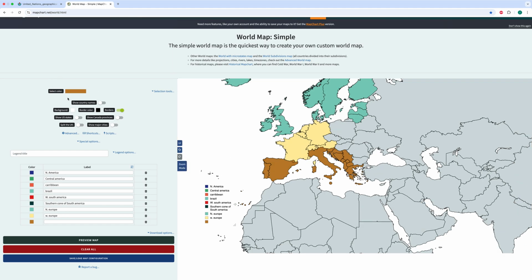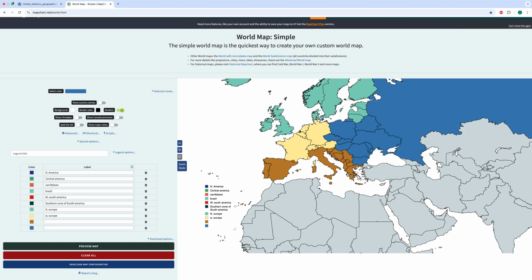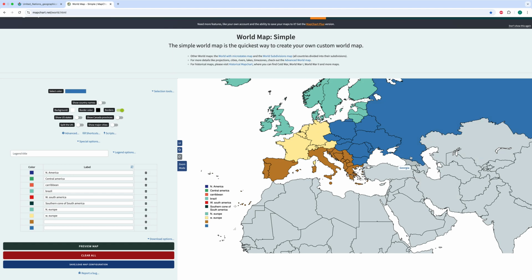Okay, next is Eastern Europe, the entire rest of Europe. So we have Poland, Czechia, Slovakia, Hungary, Bulgaria, Romania, Moldova, Belarus, Ukraine, and Russia. And then sometimes you might include Georgia, Turkey, Armenia, Azerbaijan, and Kazakhstan as a part of Europe.